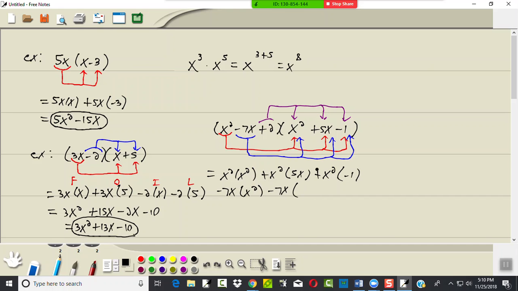Negative 7x times 5x. And negative 7x times negative 1. And then follow in the purple, 2 times x squared. 2 times 5x, and 2 times negative 1. And then work this, combine like terms, and that'll give you your answer. Now that's multiplication of polynomials.